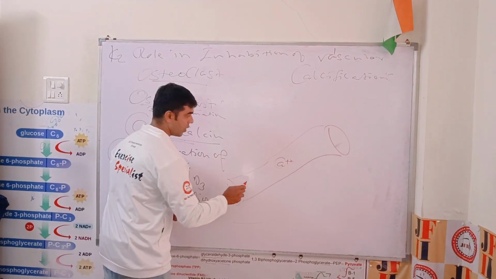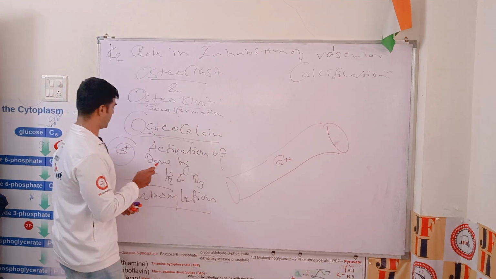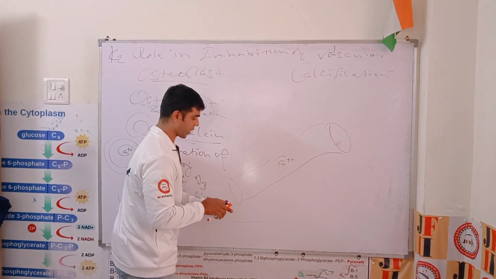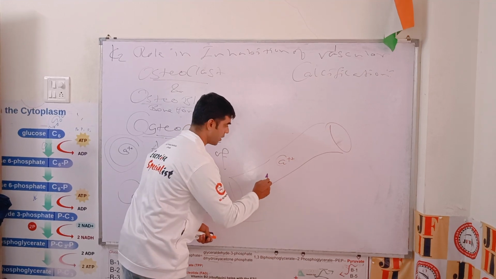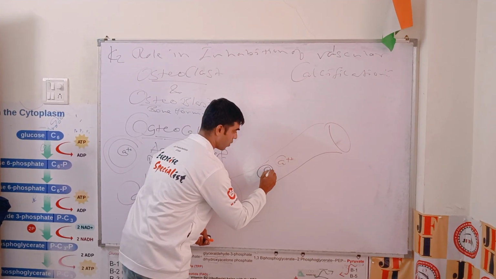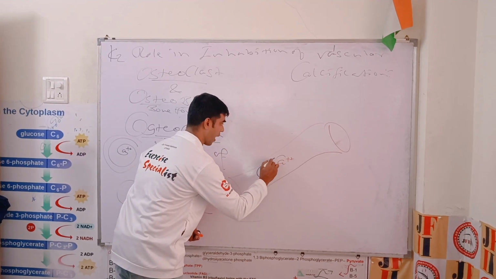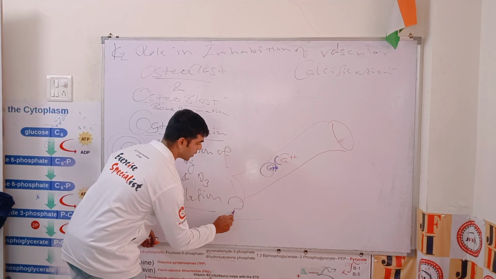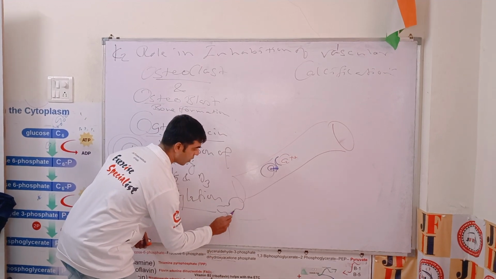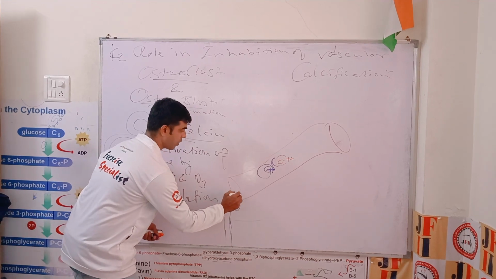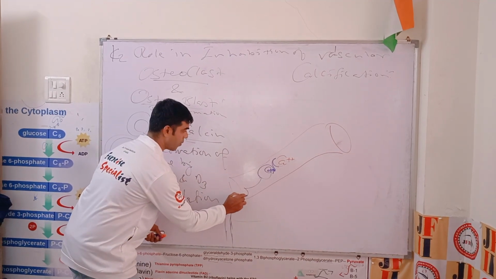This osteocalcin has to bind this calcium, right? It will capture the calcium and bring it towards the bone. So this is your bone, right? And this will bring it towards the bone.